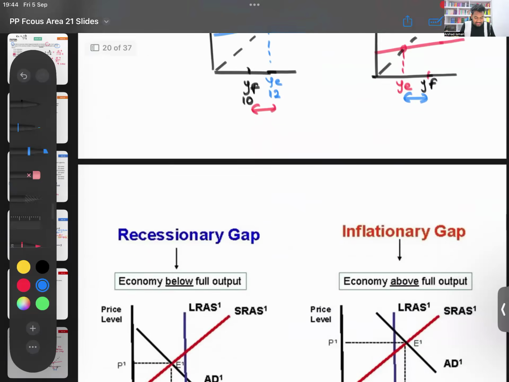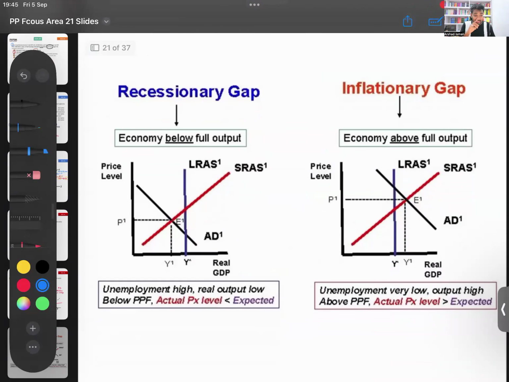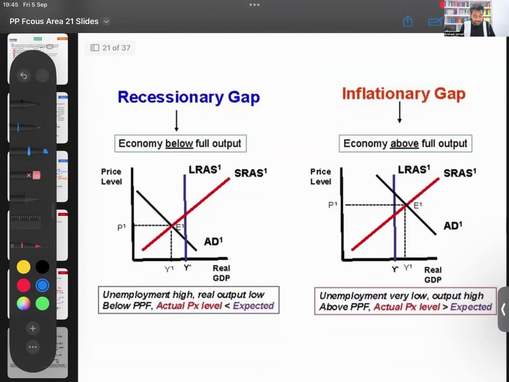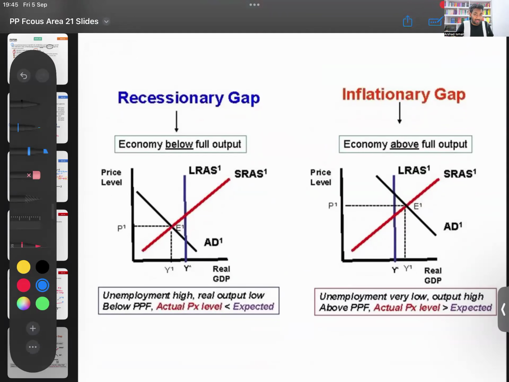So this is how you show an inflationary and a recessionary gap using the aggregate demand and aggregate supply curves. Now the previous one was using the expenditure y=e approach. So how do you show recessionary and inflationary gaps using the aggregate demand and supply approach?